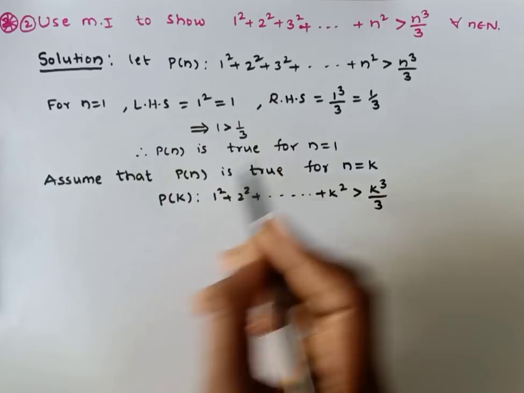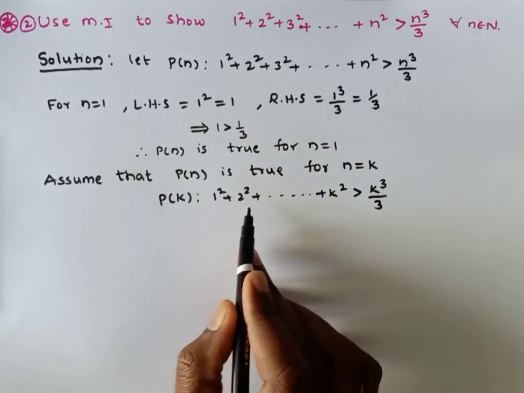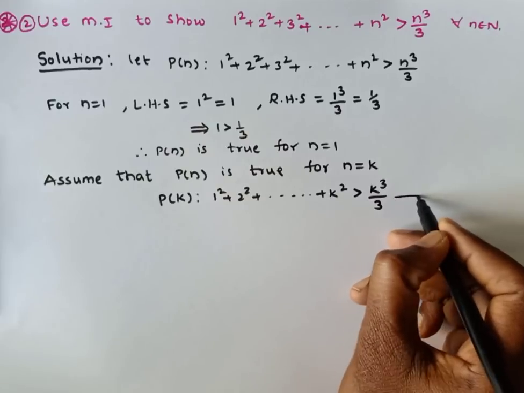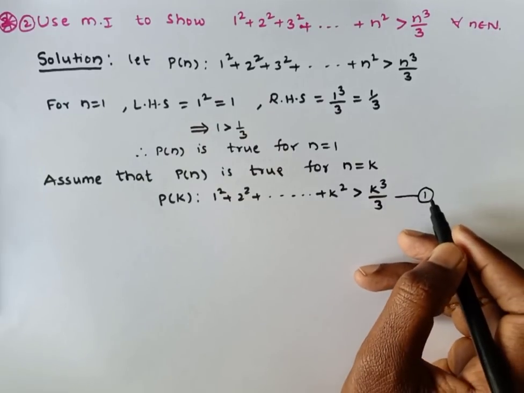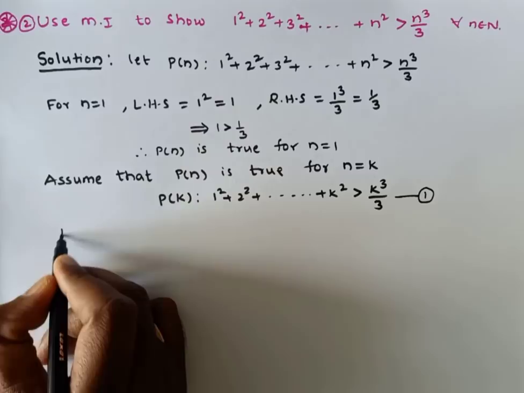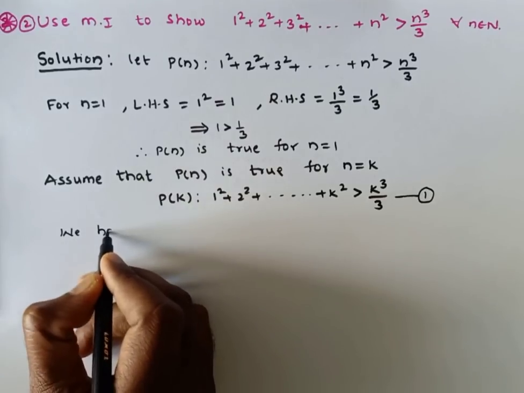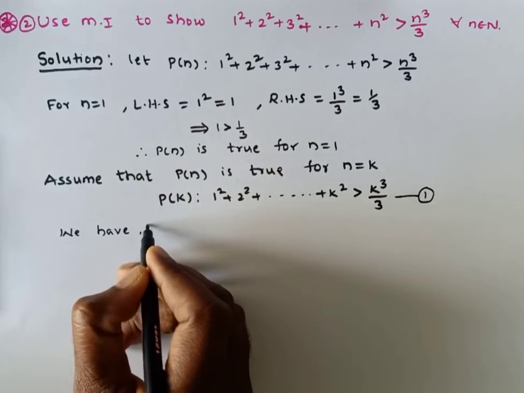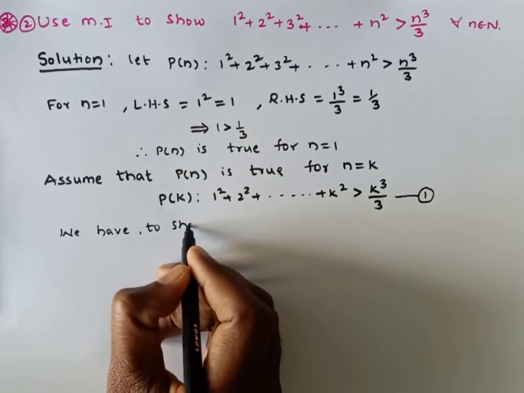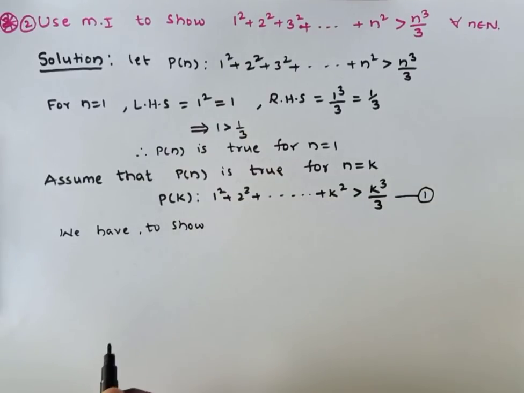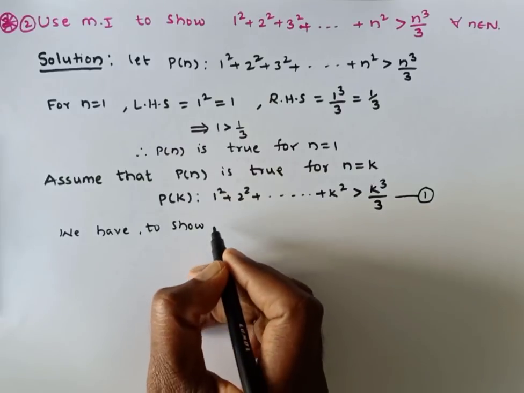To get P of k, just replace n with k. Let this inequality be 1. Now what we have to do is show the given statement is true for k plus 1 whenever P of k is true.